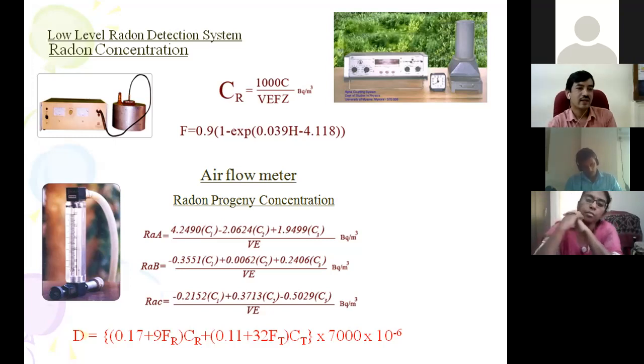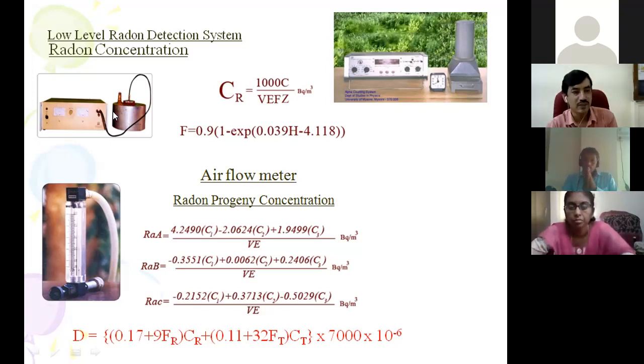This is a cylindrical metallic chamber. I am describing this instrument because all the modern equipments are somewhat based on the principle used in these old equipments. This is a cylindrical chamber made of aluminum, a lightweight conducting material. This will be pre-evacuated before going to the sampling location. You will evacuate this cylinder.